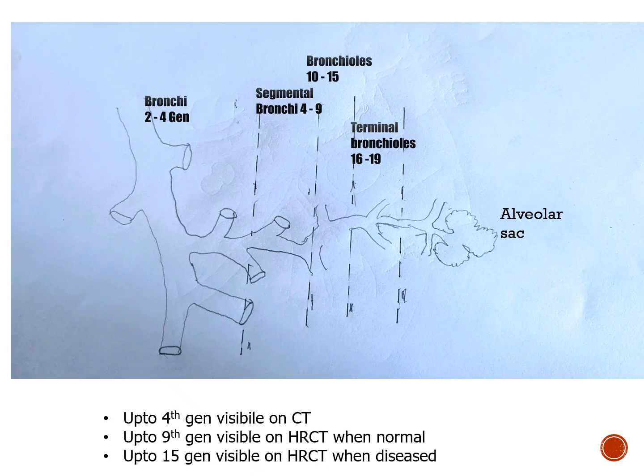This is a schematic view to show the generations of airways. Remember that up to the 4th generation, the airways are visible on CT. Up to the 9th generation, they are visible on HRCT. And up to the 15th generation, they are visible on HRCT when they are diseased.